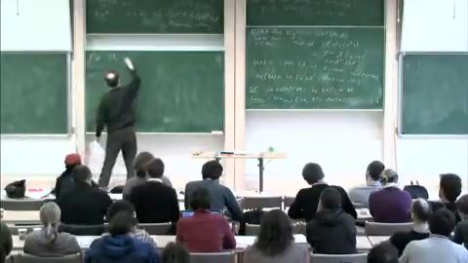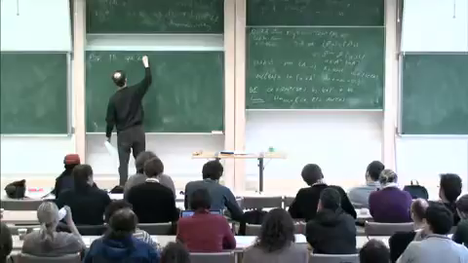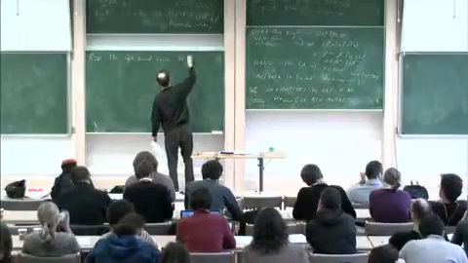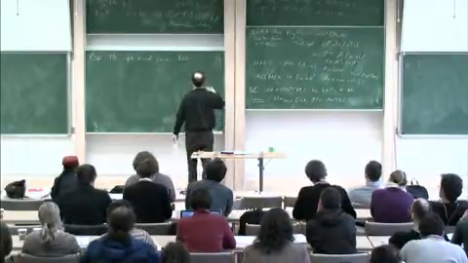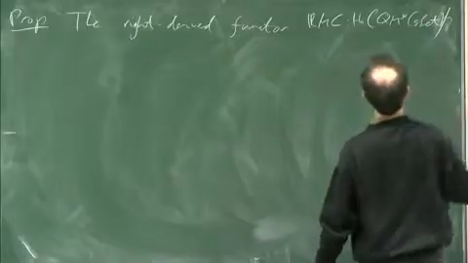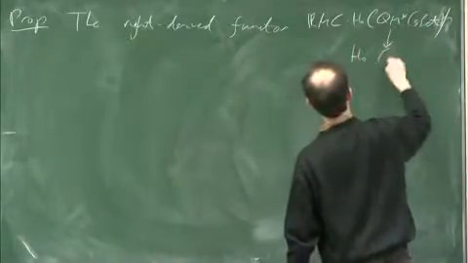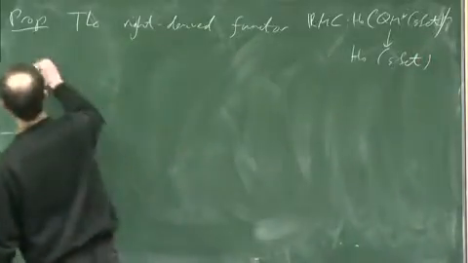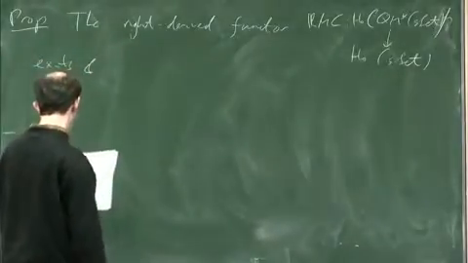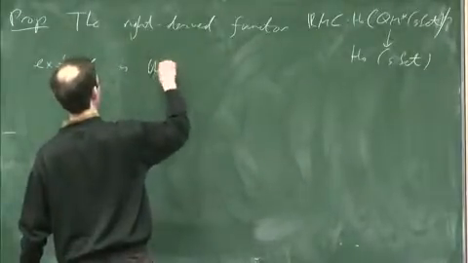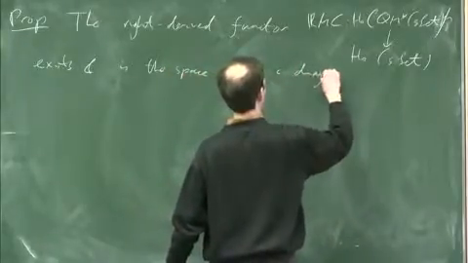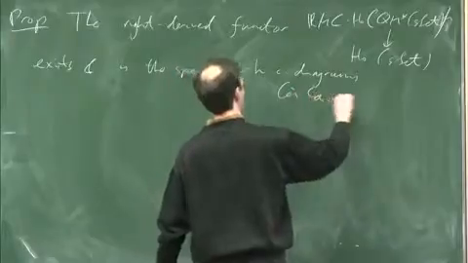So the right derived functor RMC, so this is going to be from the homotopy category of simplicial quasi-comonoids to the homotopy category of simplicial sets, exists and is the space of homotopy coherent diagrams, a la Boardman-Vogt.